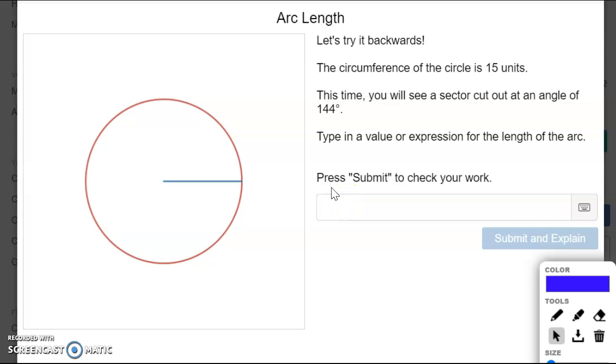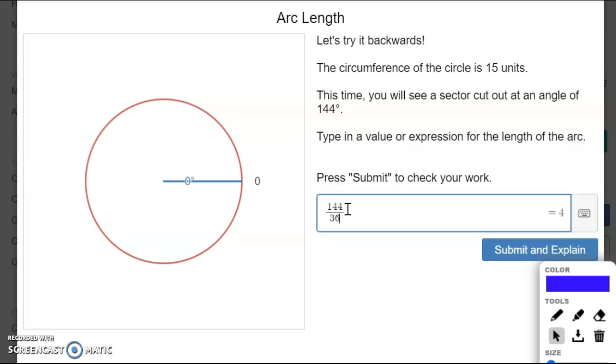So that's the portion that we're dealing with. 144 divided by 360. That's the portion that we're dealing with, because that's the angle measure. So it's 144 degrees divided by 360 degrees, so that becomes just 144 divided by 360.